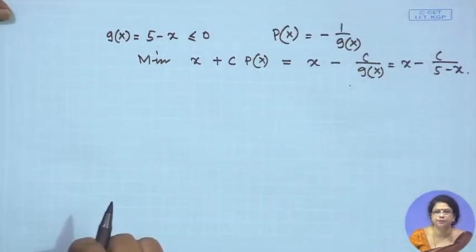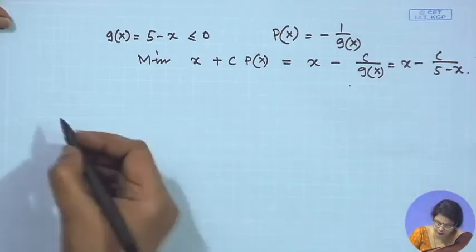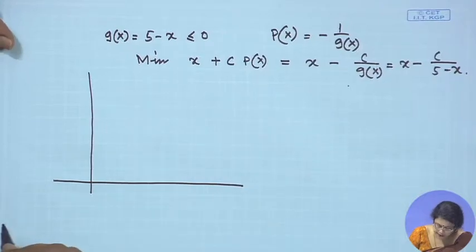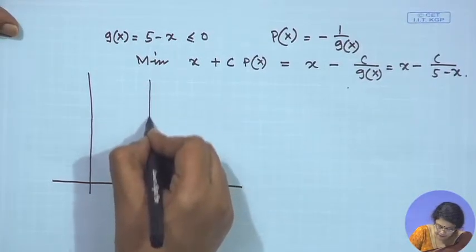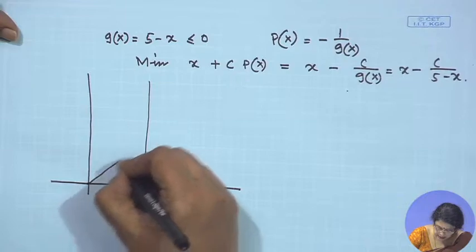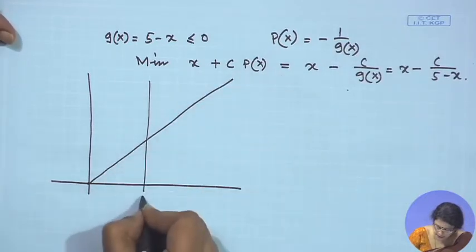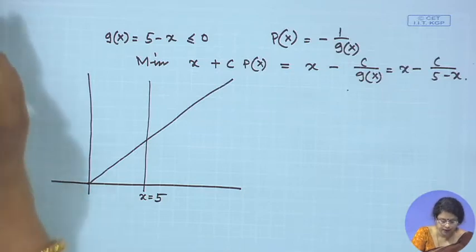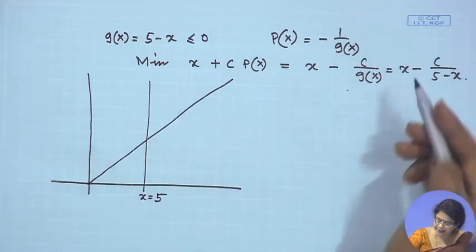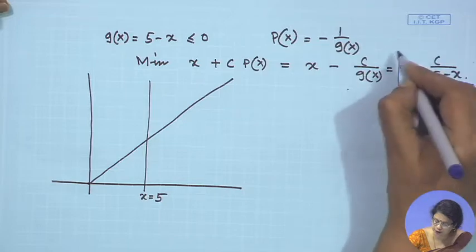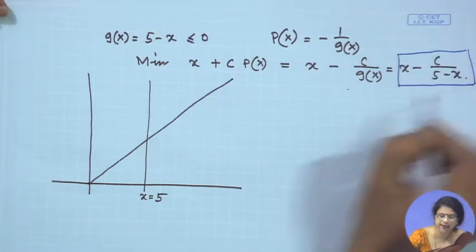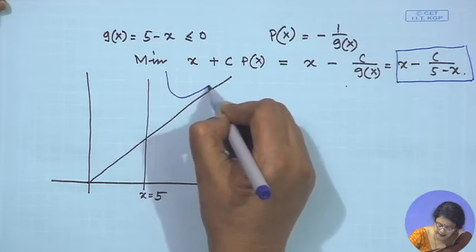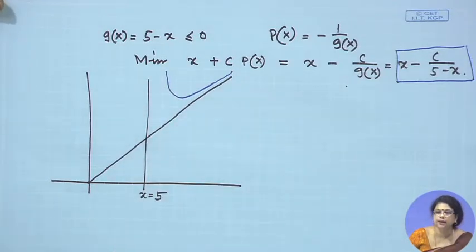Clear? Now, if I just draw this function again, let me find out, this is the objective function, this is x equal to 5, etc. Now, if we draw this function for different values of c, we will see that for c equal to say 100, the function would be like this.